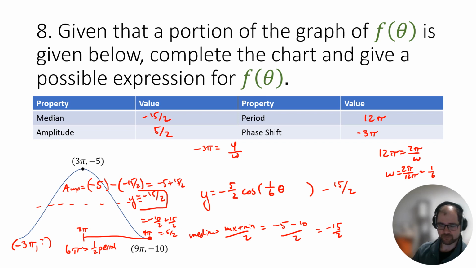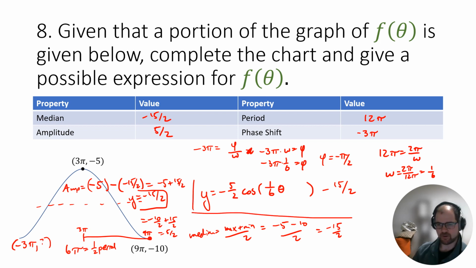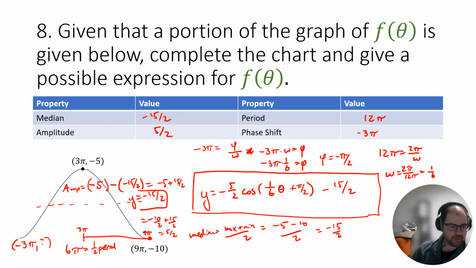Omega was 1/6, so I multiply that to the other side, and we get negative 3 pi times 1/6 is equal to phi, or phi is equal to minus pi over 2. And remember that in our expression, which I'm just going to put a box around to isolate it from all the work, phi is typically subtracted. So we have a minus pi over 2, so plus pi over 2. Okay, so there it is.